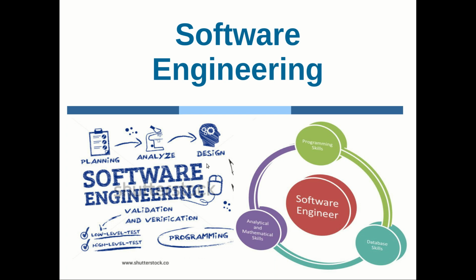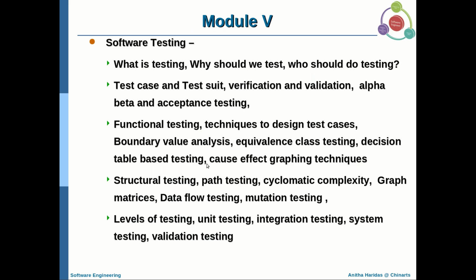In the software engineering course, we are currently discussing the fifth module. In our previous video, we have seen what is software testing and the different terminologies. What is black box testing, which is also known as functional testing, and some of the techniques under functional testing were also discussed in the previous videos.